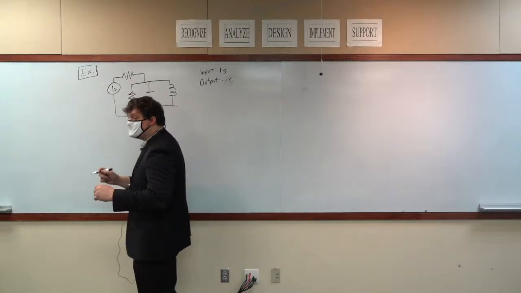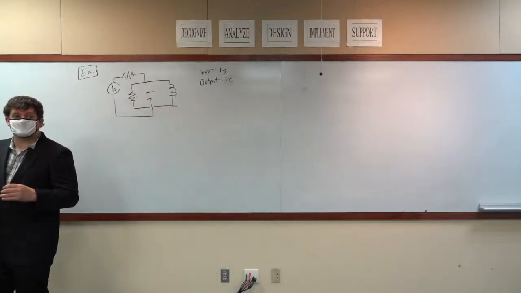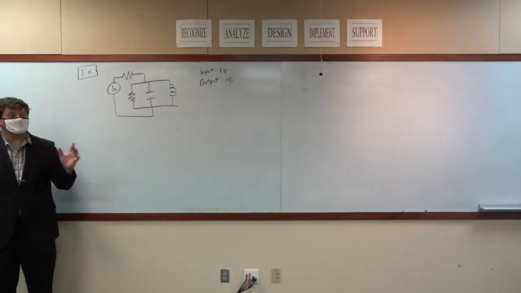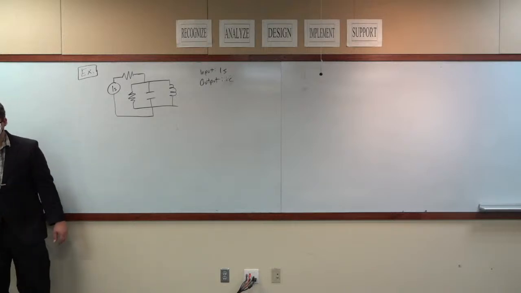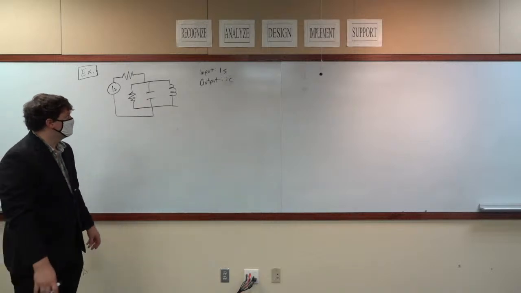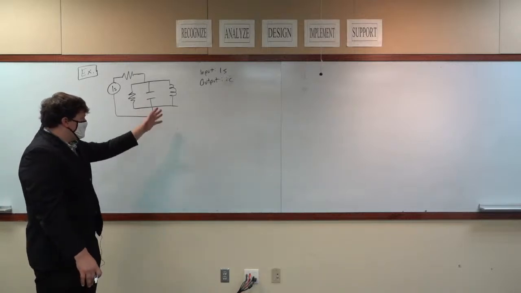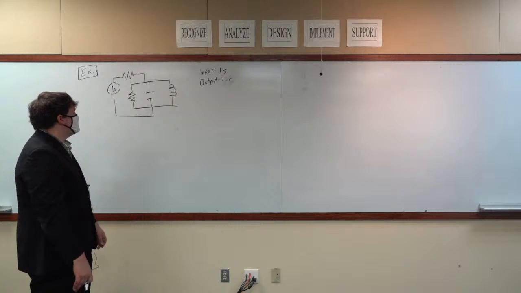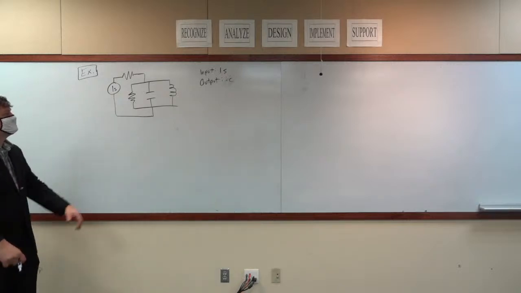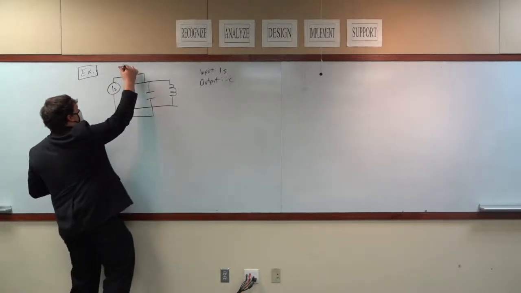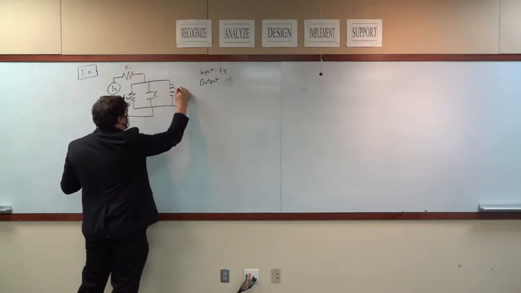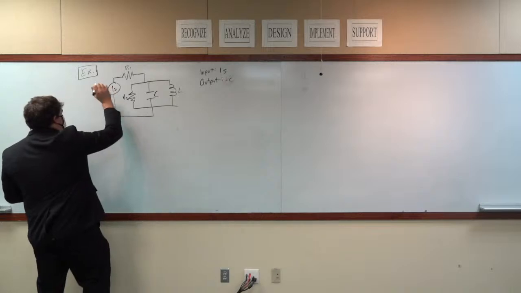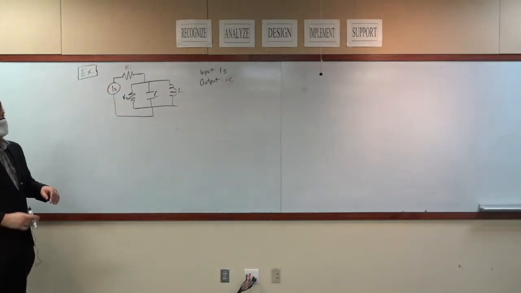But we could have very easily picked any single variable in the system. That wouldn't have been a problem at all. Okay, so the output is IC, the input is IS. Great. I'm going to go ahead and call this one R1, this is R2, this is C, this is L, this is IS.